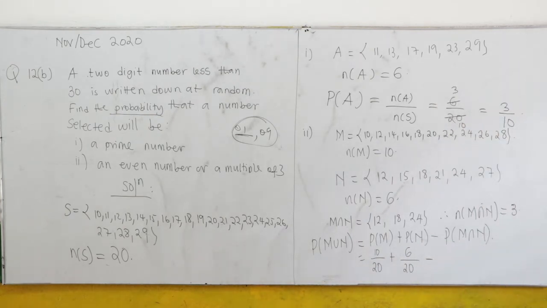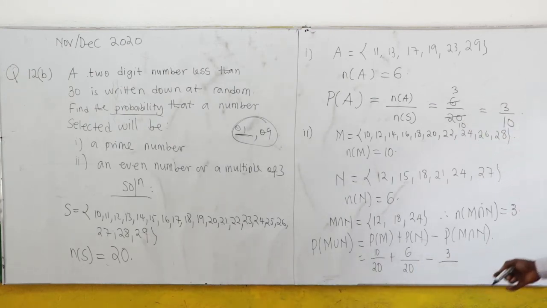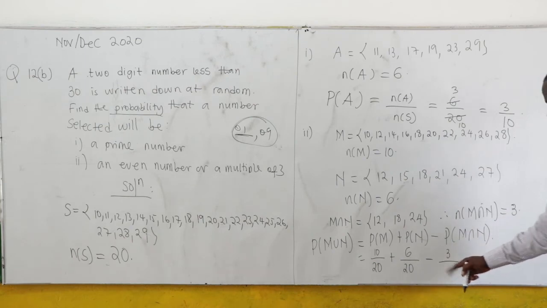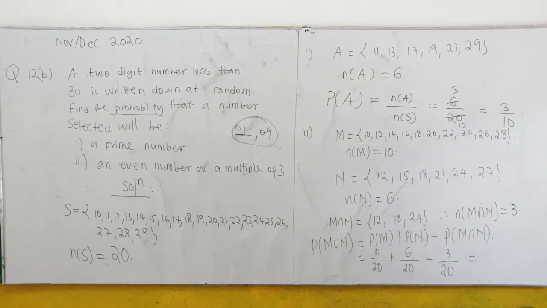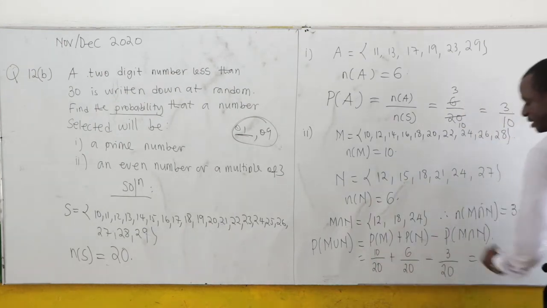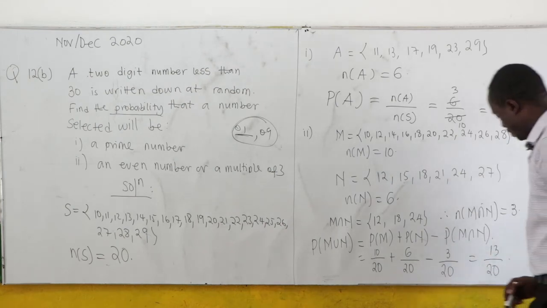Minus P of M intersection N. So that's what, P of that, 3. The number of events is 3, and then all over the sample space, and this is 20. So when we work this out, the LCM are the same. So 10 plus 6, that is 16, minus 3. So we have 13 all over 20.